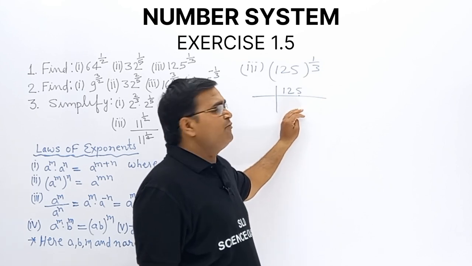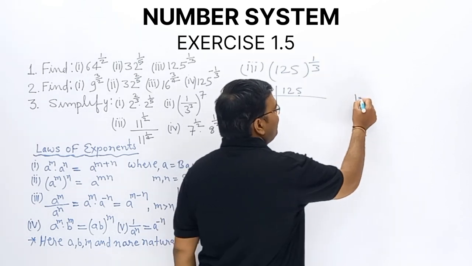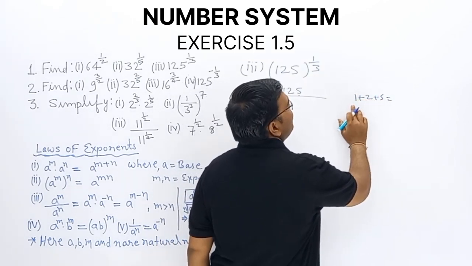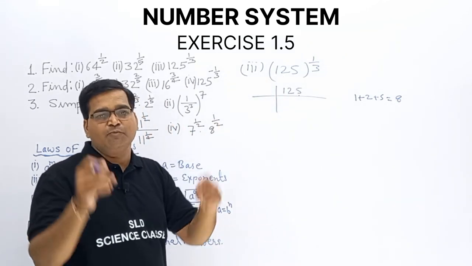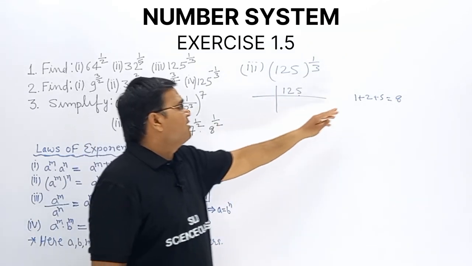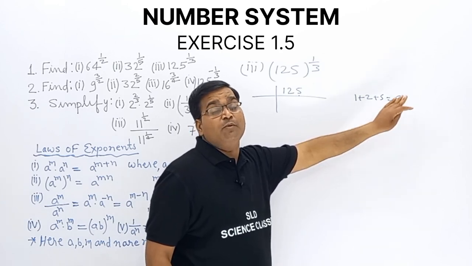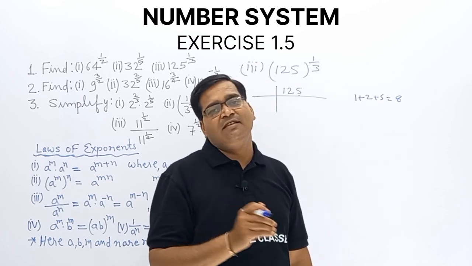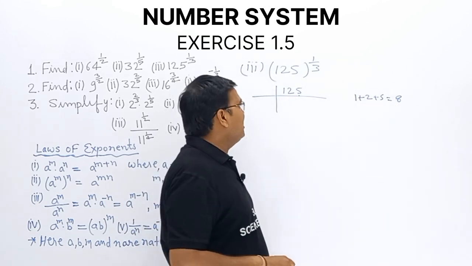For divisibility, first check the divisibility rule of 3: sum of the digits. 1 plus 2 plus 5: 5 plus 2, 7, 7 plus 1, 8. Is 8 a multiple of 3? It is not in the table of 3. Multiples of 3 means 3, 6, 9, like this. So 8 is not a multiple of 3.